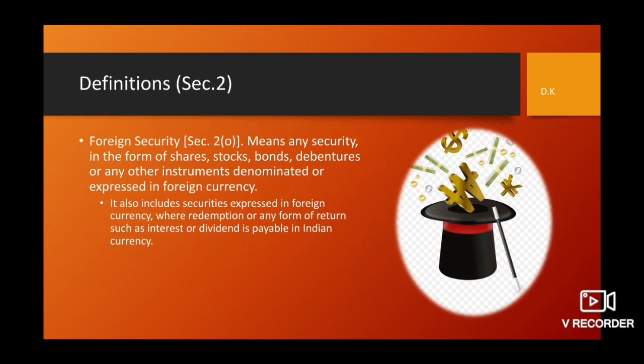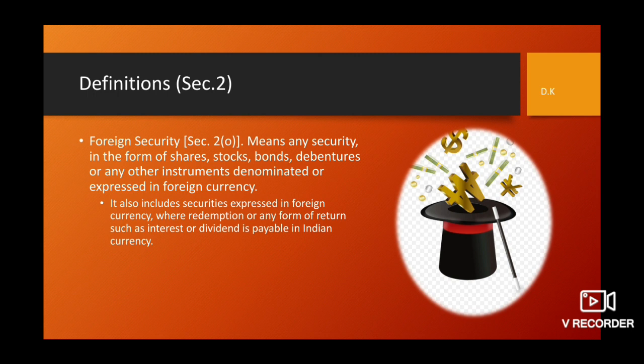Next, foreign security, Section 2, subsection O. It means any security in the form of shares, stocks, bonds, debentures, or any other instruments denominated or expressed in foreign currency.